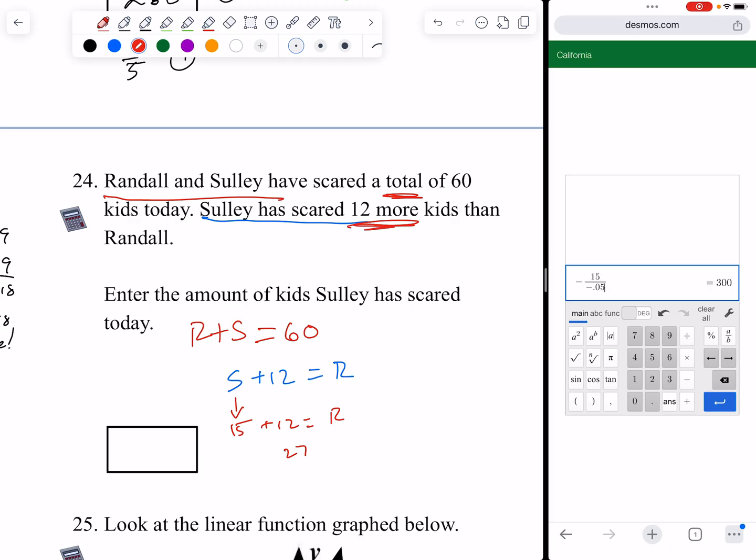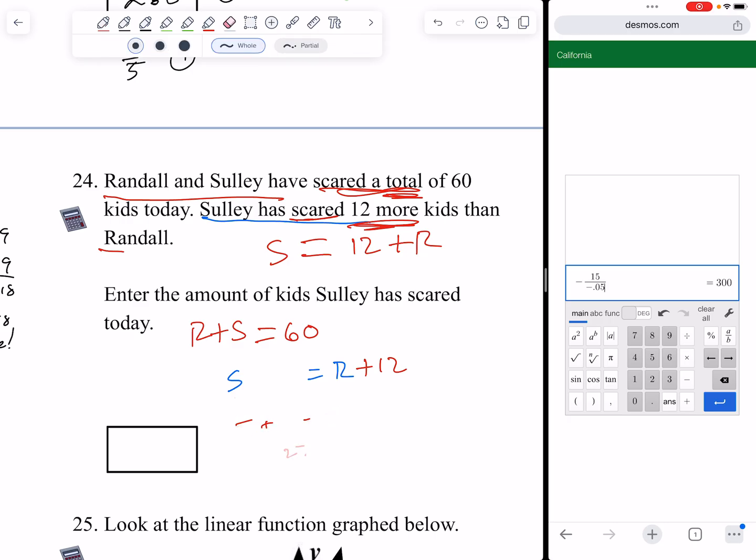See, it's not S plus 12. And that's how a lot of us would have written it, just like I did. So in this case, it has to go on the other side. So S equals 12 more than Randall. And that makes more sense.